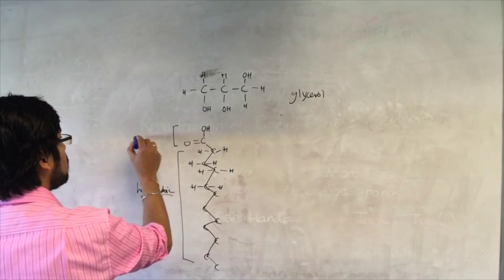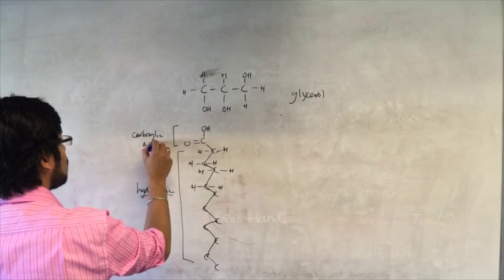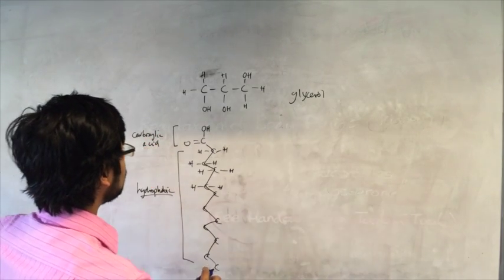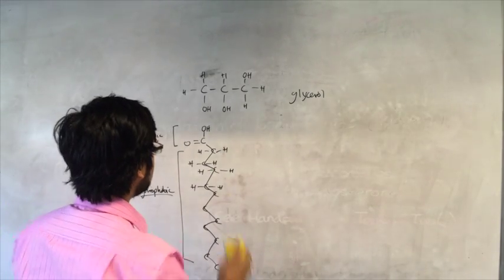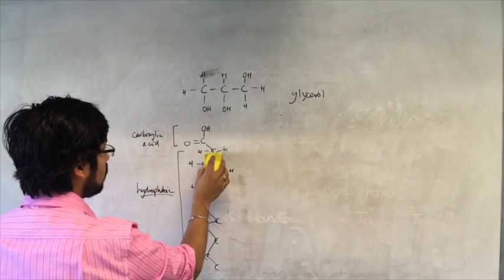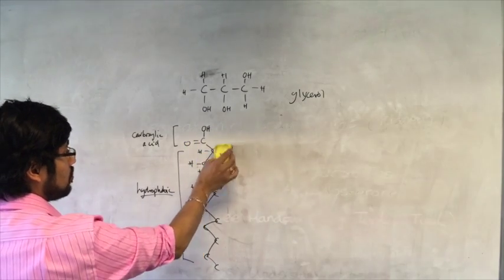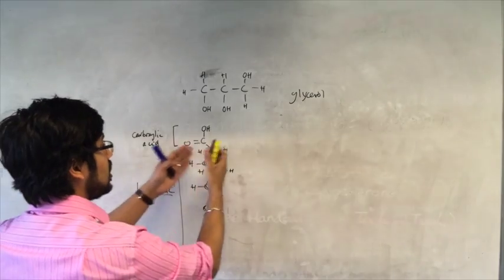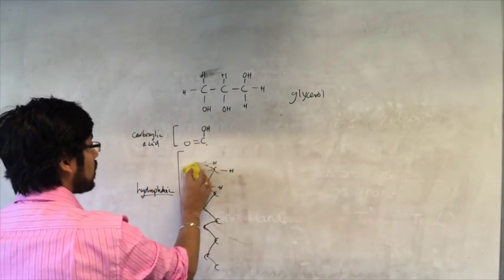This part is called the carboxylic acid group. I'm going to re-simplify this again. Just know in your mind that after this carboxylic acid group, there's a long chain of carbons. Each carbon has hydrogens attached to it by covalent bonds.